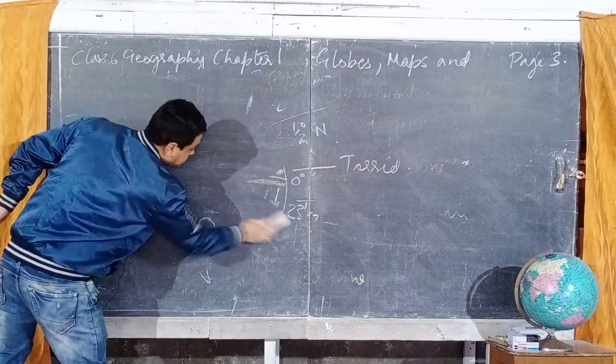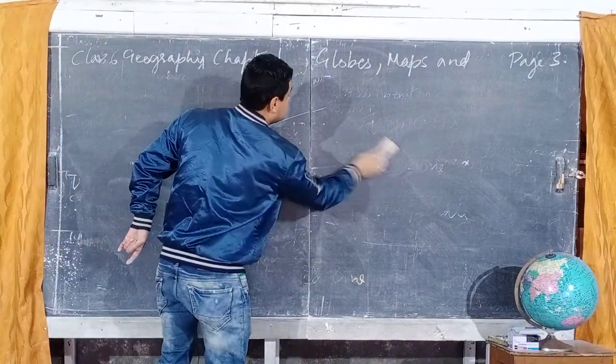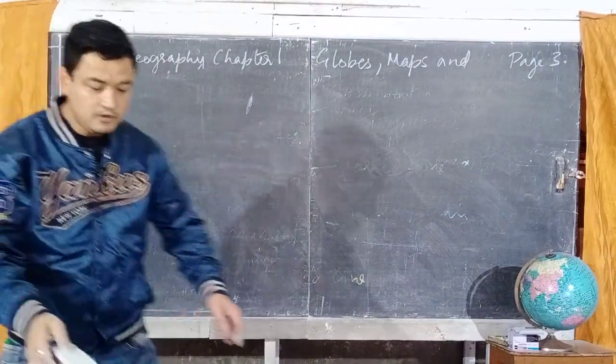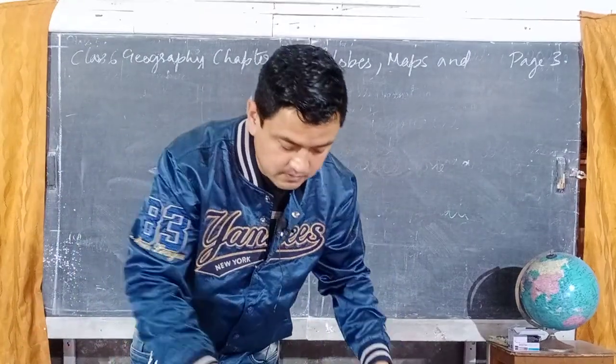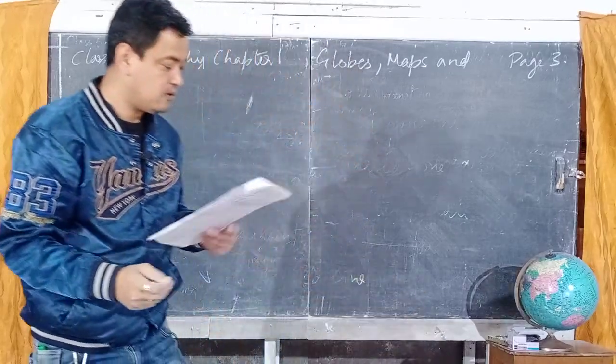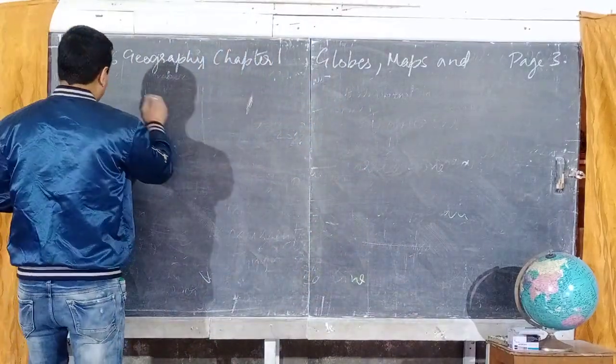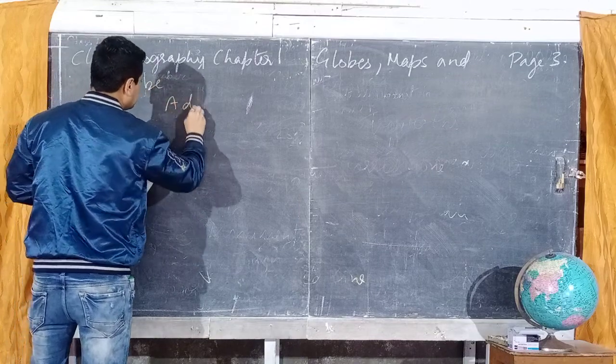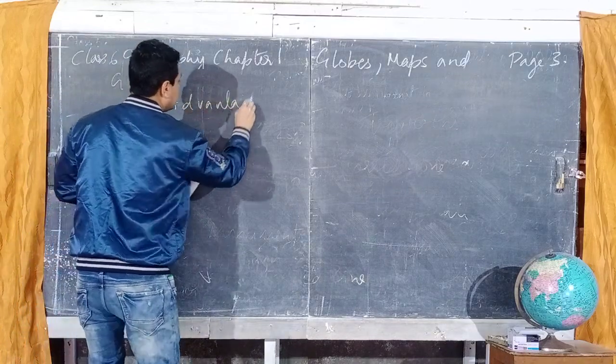Now, we have basically finished the globe. Now, when you look at the globe, G-L-O-B-E, globe, it has advantages as well as disadvantages.